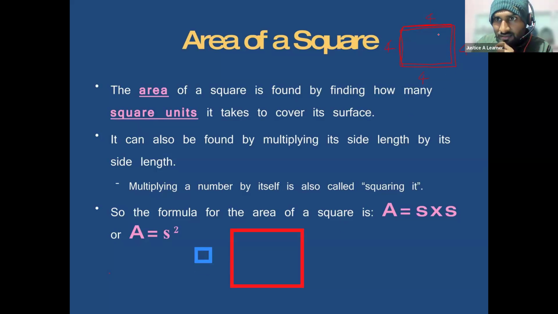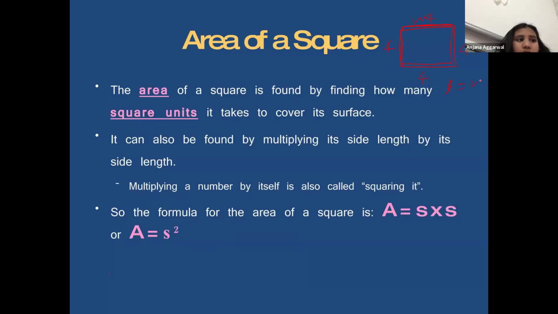This length and width both are equal, right? So if we are writing L into W, we can also say, because L is equal to W, that we can write L into L or W into W because both are equal. So we can say both sides are equal. So this is side into side, isn't it?